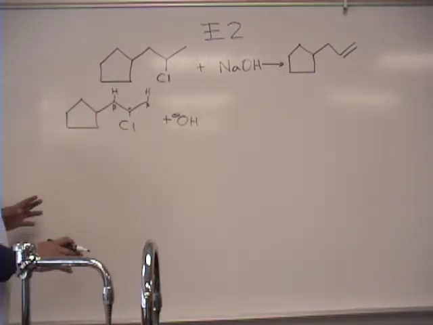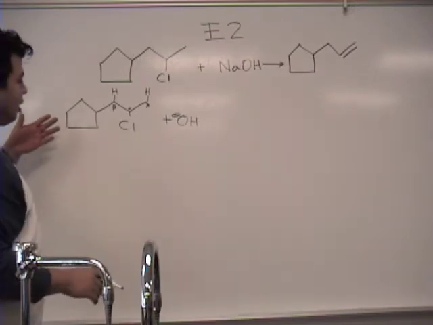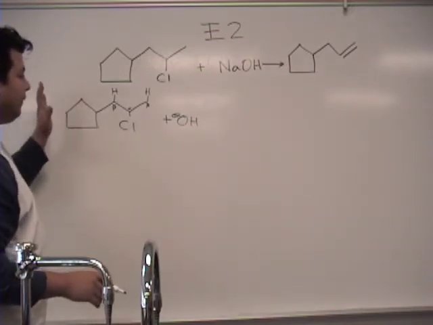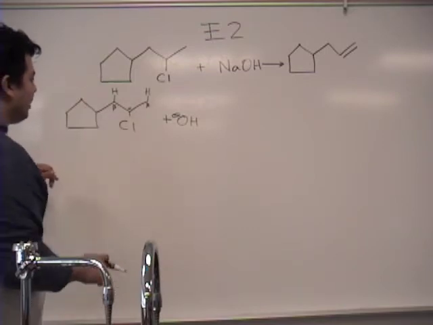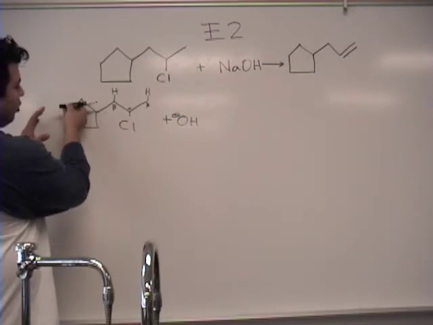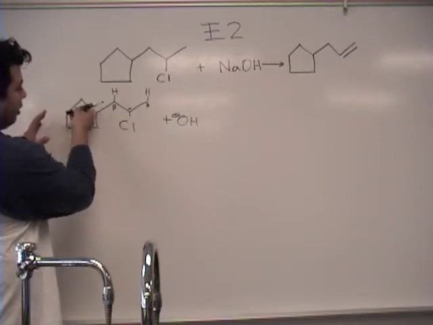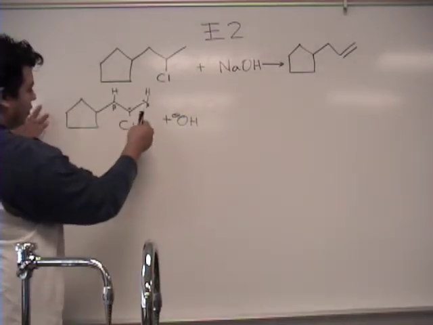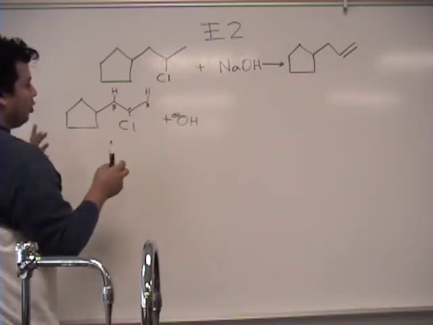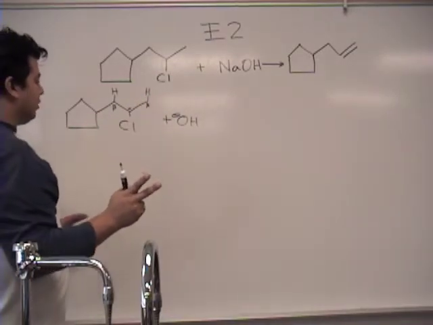And based on inductive effect, which alkyl groups inductively feed electrons, we can see that this carbon right here, this whole group is going to feed electrons this way, and this group right here, although it's not so big, it's still going to feed electrons this way. So it's got 2 groups feeding electrons.